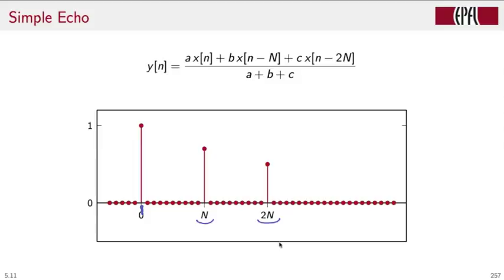So you have equally spaced replicas of the signal, which we scale by different weights in order to simulate a decay in time. So we have the original signal scaled by A, which is usually 1, a first reflection scaled by B, and a second reflection scaled by C. And then we normalize the sum of reflections by the sum of the coefficients in order to have unit gain.